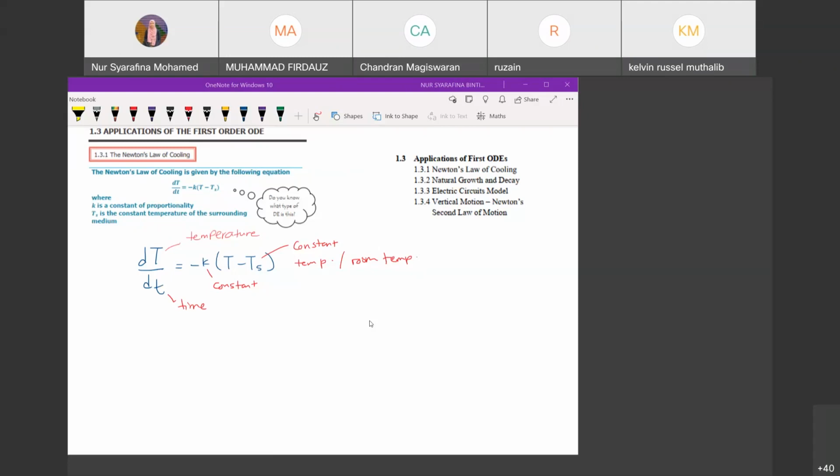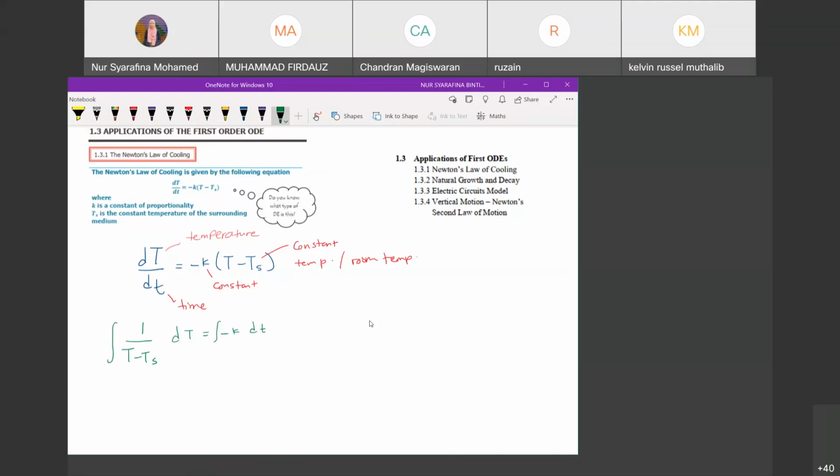So by putting 1 over T minus Ts with dT and minus k with the small t there, this is a separable differential equation. If you want to find the solution of a separable equation, you just have to integrate both sides.